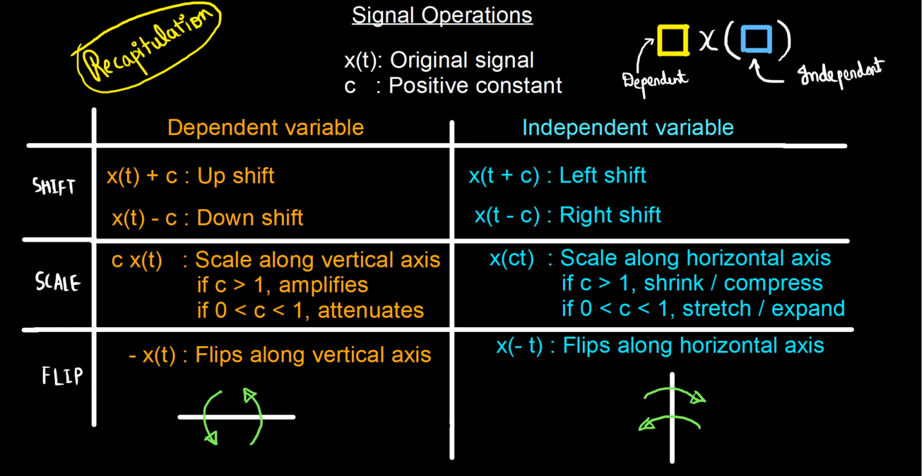The operations along the dependent variable are usually easy to understand, whereas the operations along the independent variable are somewhat tricky. Let's look at the combination of these operations specifically for the case of independent variable. Let's make combinations of, say, shifting and scaling first.